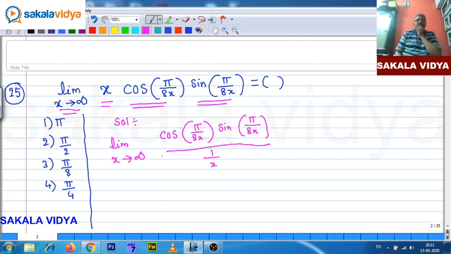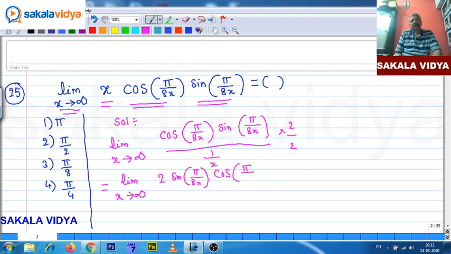So one thing you do now here, multiply and divide by 2. So what do you get now here? Limit x tends to infinity, the numerator can be rewritten as 2 sine of pi by 8x cos pi by 8x, multiplied by upon 2 by x, or 2 into 1 by x.